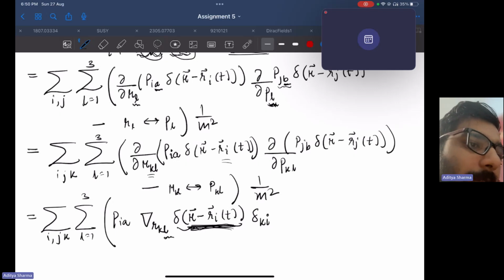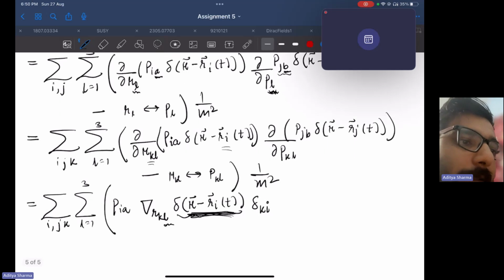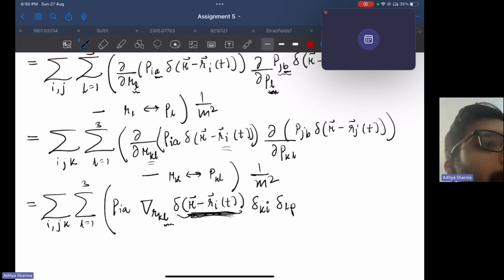If you take this to be L itself, the Dirac delta is just one. Or in other words, if you substitute this L as P, you're not going to have anything, but this summation will break into P, and then you're going to do it for every L, right? So P itself will take values from 1 to 3.